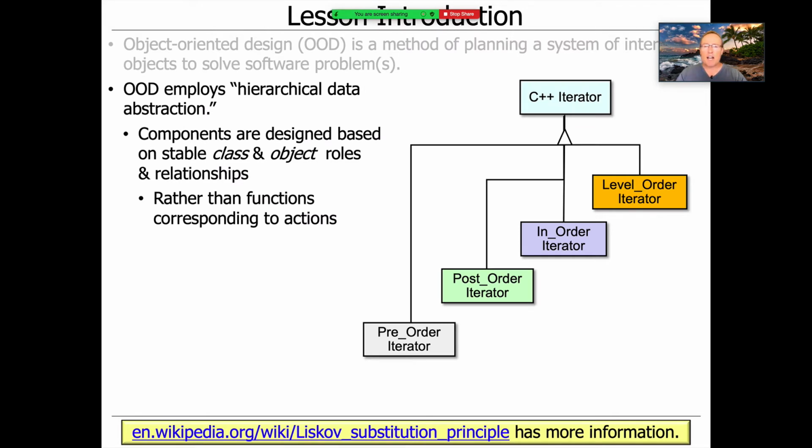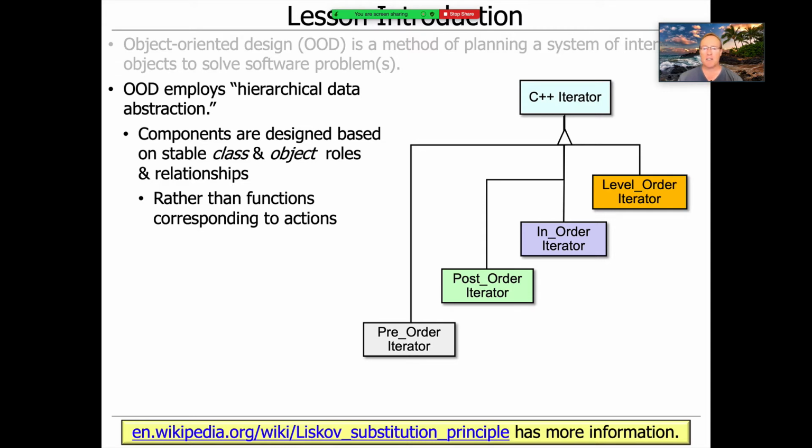The key abstractions, the key themes in an object-oriented design are the concept of hierarchical data abstraction, where you have base classes, abstract base classes, superclasses that are then going to be used as the basis for stable APIs, application programming interfaces, that are capable of being customized or refined through inheritance and dynamic binding.